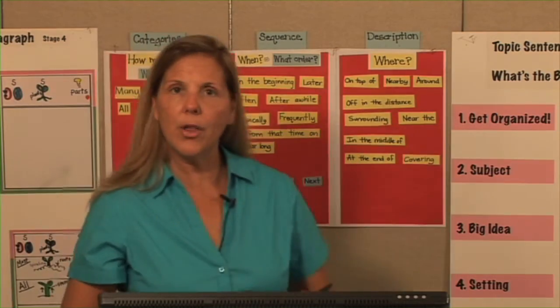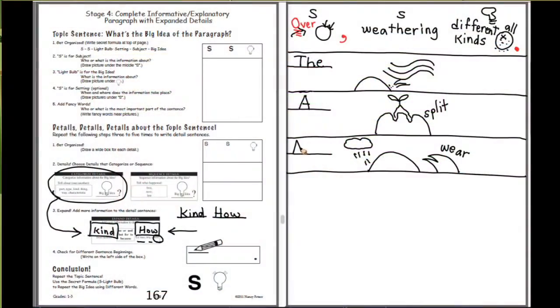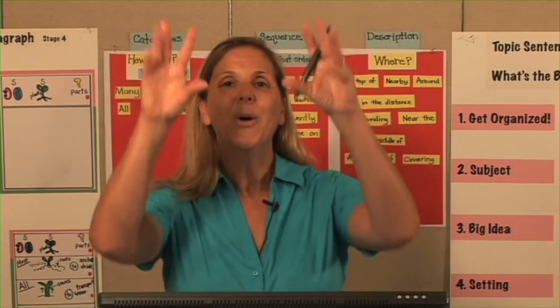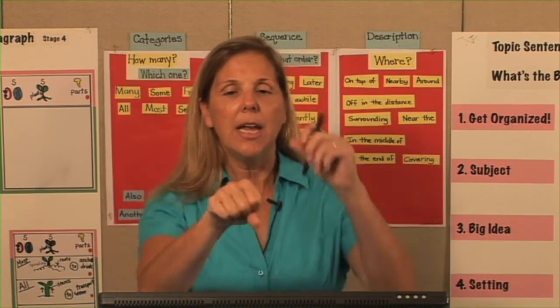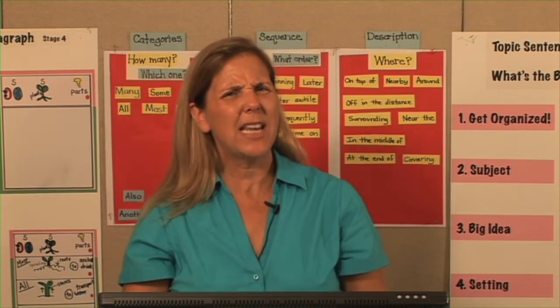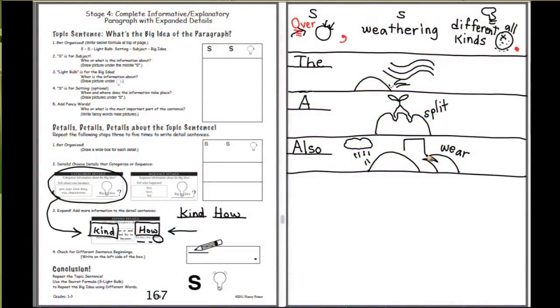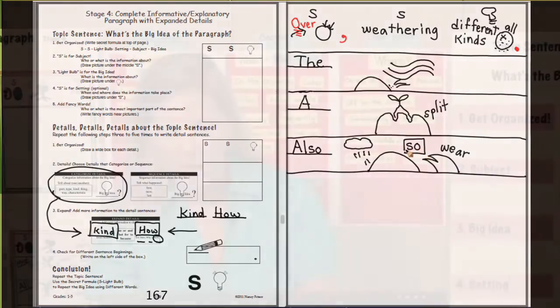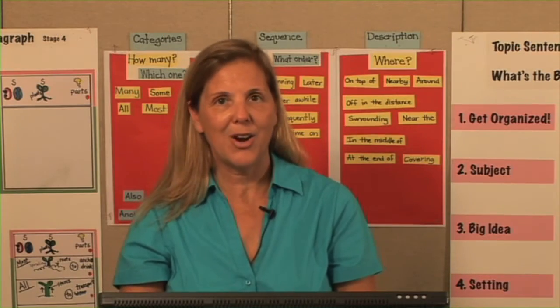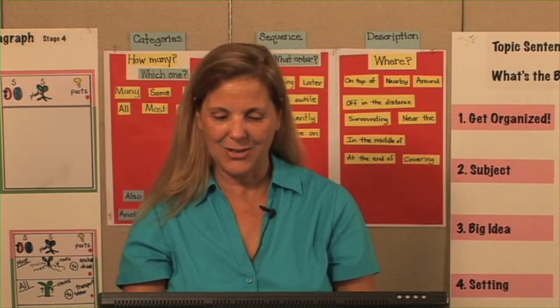Let's use the word also. So we have also for our transition. Also, rain and waves hit rocks. I don't want to keep saying making. What if I use the word so? Let's put so there. So they wear away. That sounds good.